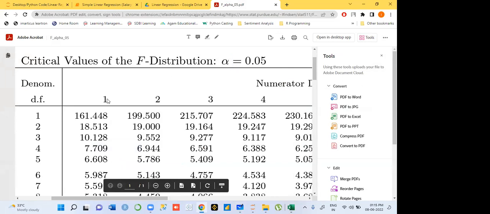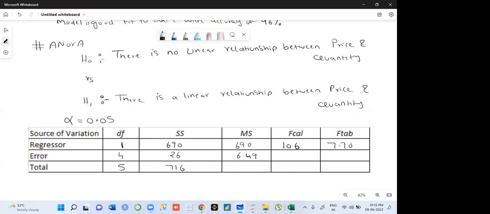Present 1 comma 4, and 4 for error. 7.709. This will be your F table value.